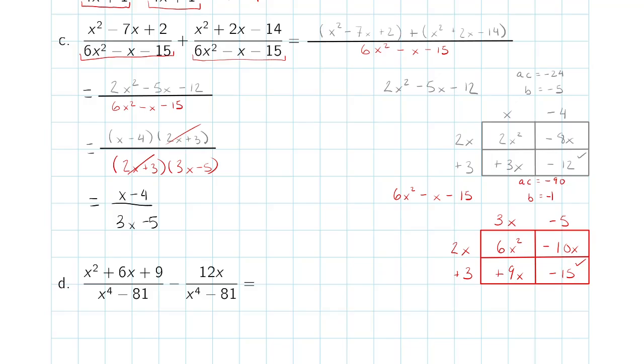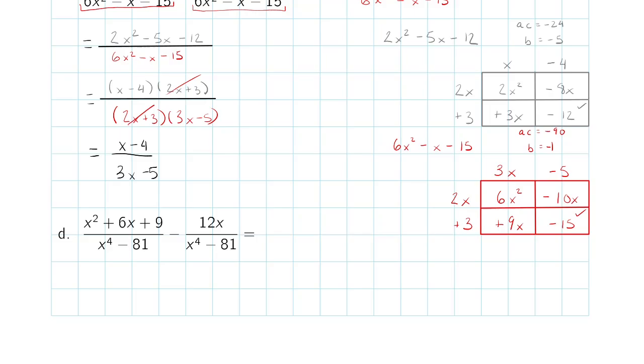Okay, one more of these. We have x squared plus 6x plus 9 over x to the fourth minus 81 minus 12x over x to the fourth minus 81. Same denominator, so we'll keep that denominator, and we'll subtract the numerators. X squared plus 6x plus 9 minus 12x.